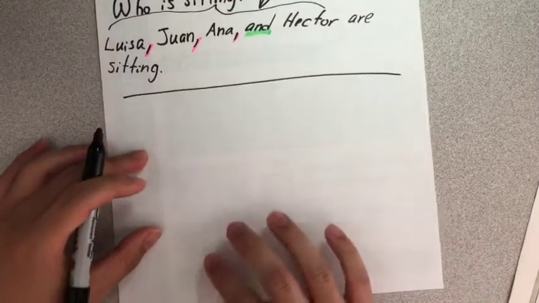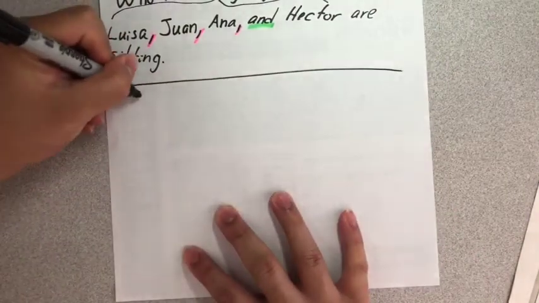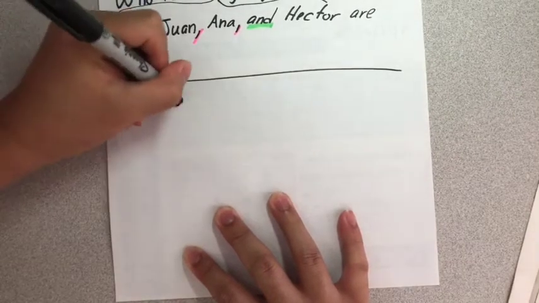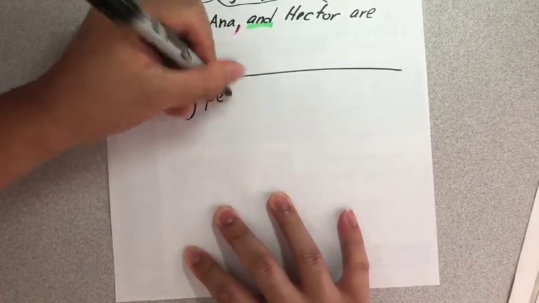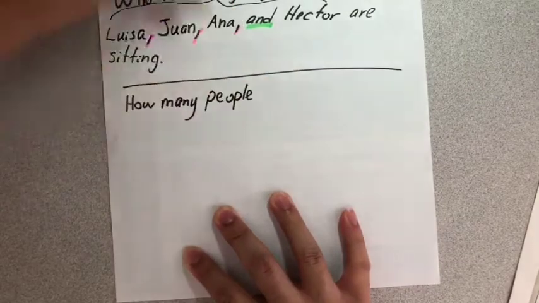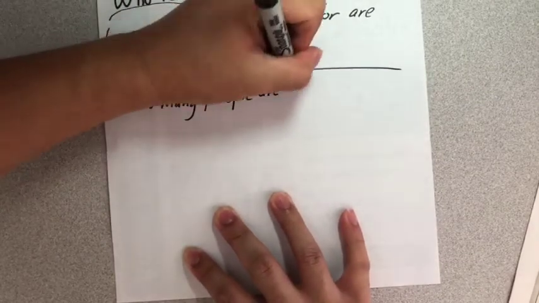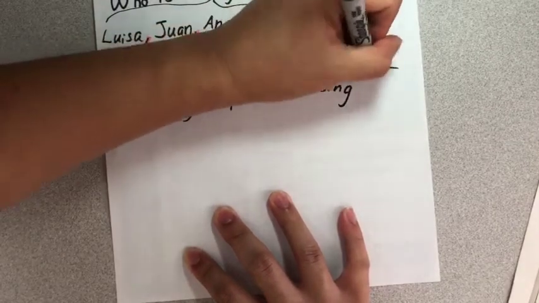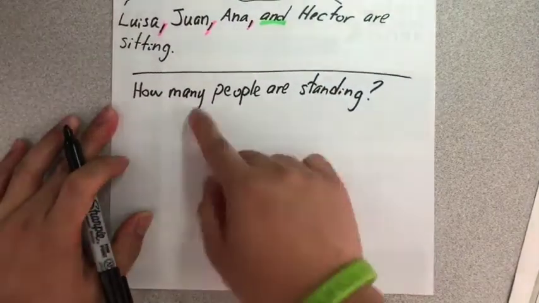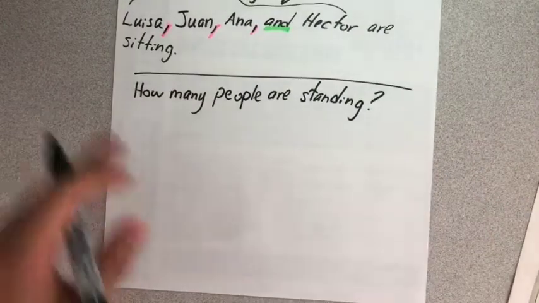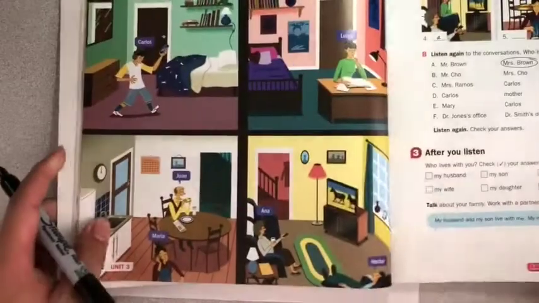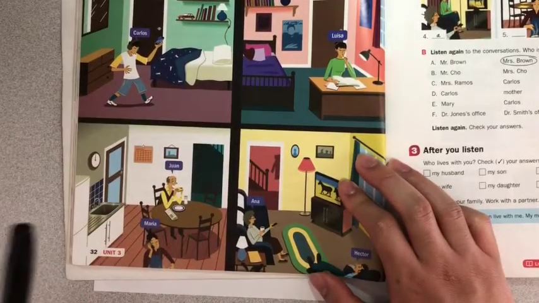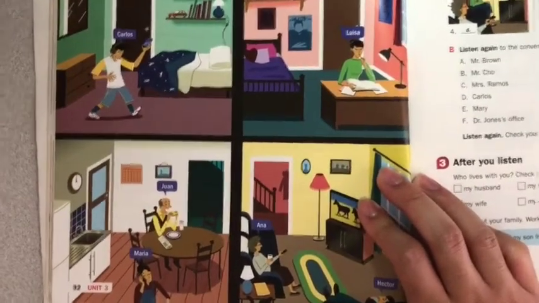Okay, so a new question. How many people are standing? We were just talking about sitting. Now I want to talk about people who are standing, people who are on their feet.